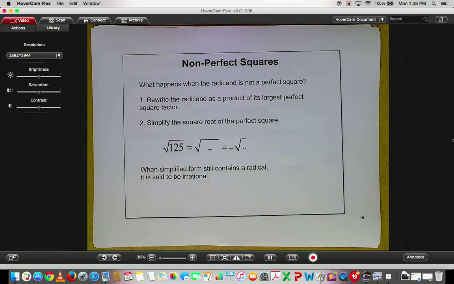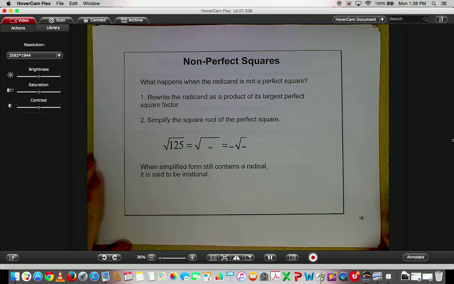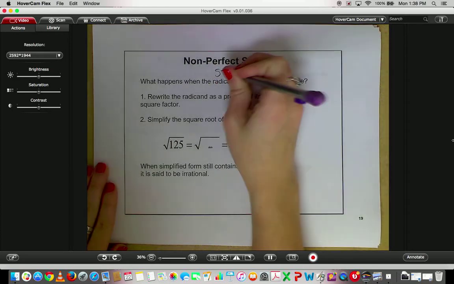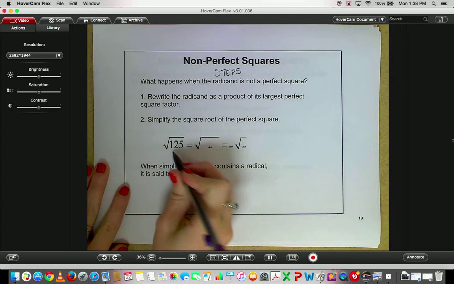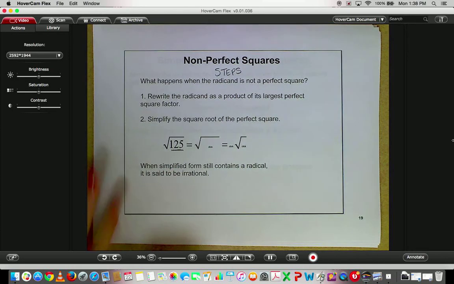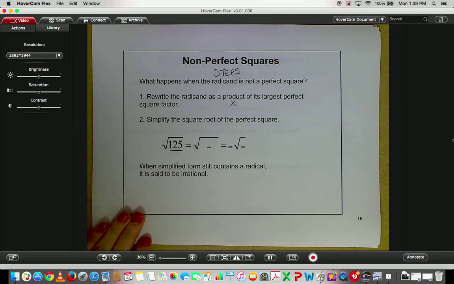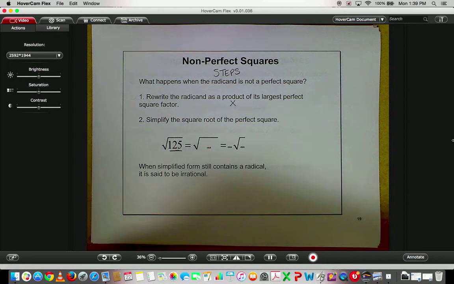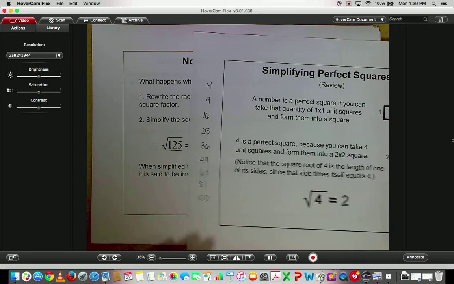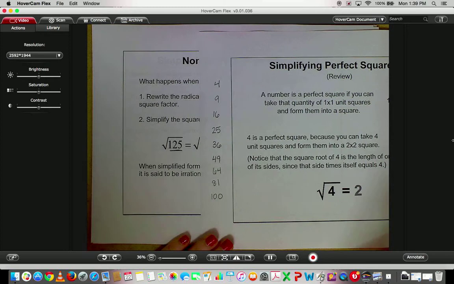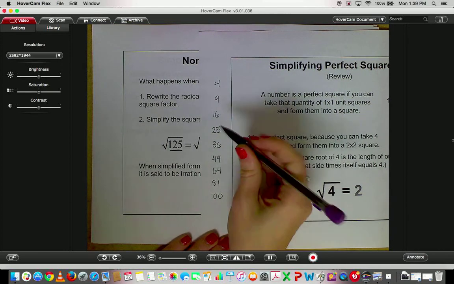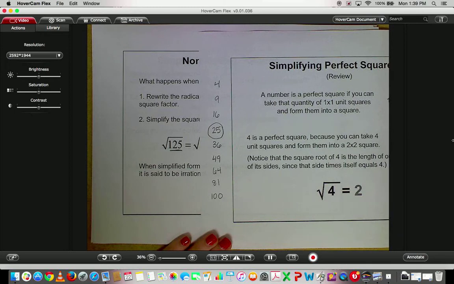All right, so let's try 125. So basically these are the steps. You're going to take your number that's under the radical, your radicand, which here is 125, and you're going to write it as a product, which is multiplication, of the largest perfect square factor. So out of our list of numbers that we wrote a minute ago, the largest number that goes into 125 is 25.